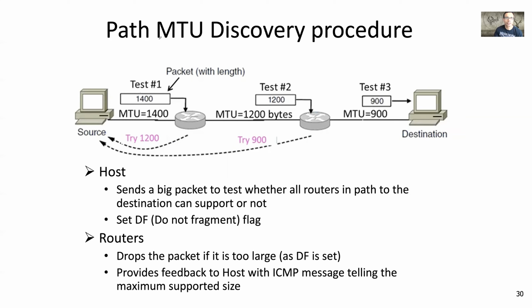So there is a specific protocol called path MTU discovery. In this, the source will send a packet of a particular size to test all the routers along the path towards the destination to see if these routers can support this particular MTU size.